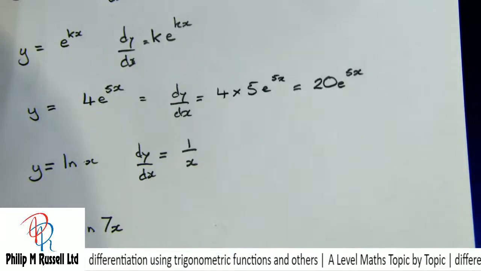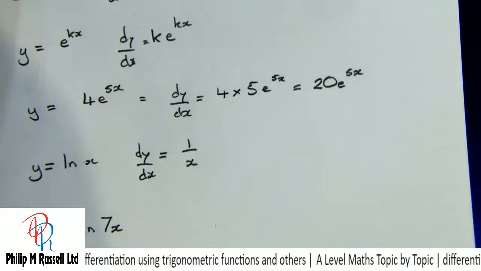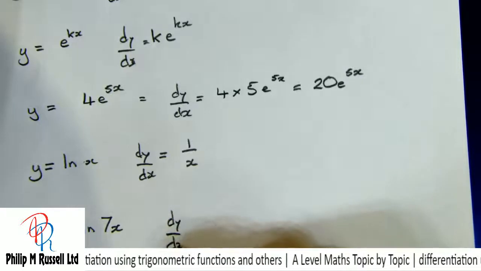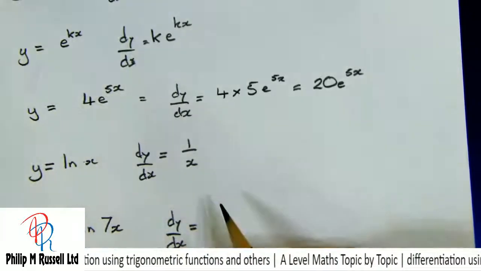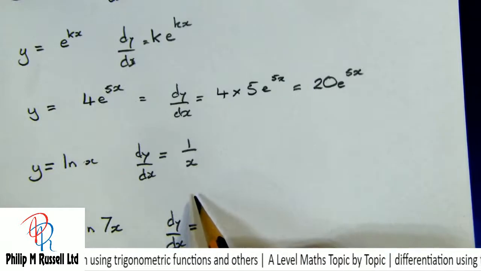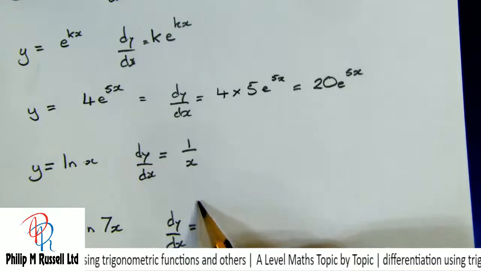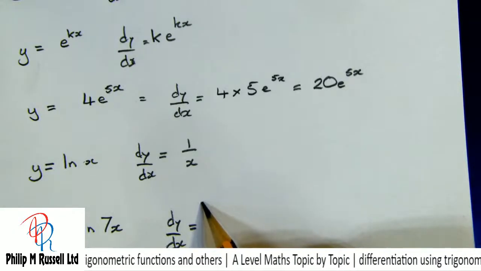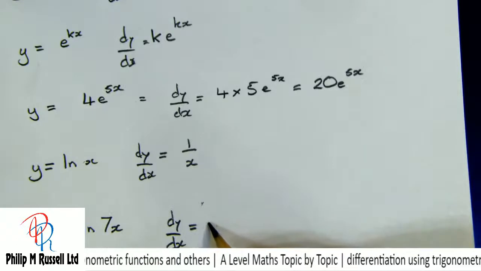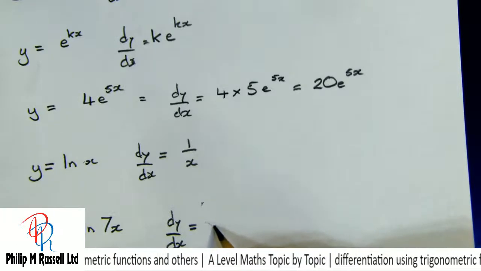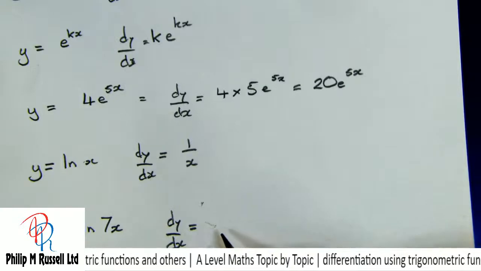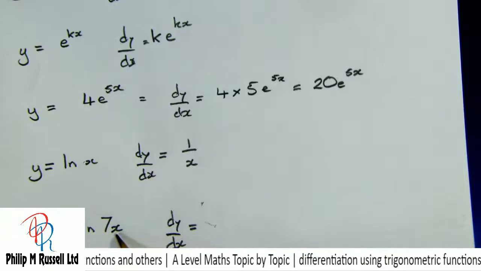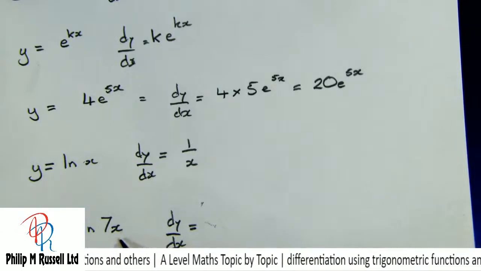Okay, so if I want to try working out ln of 7x, then dy by dx here simply means that we're going to have to turn this into something else we can play around with.